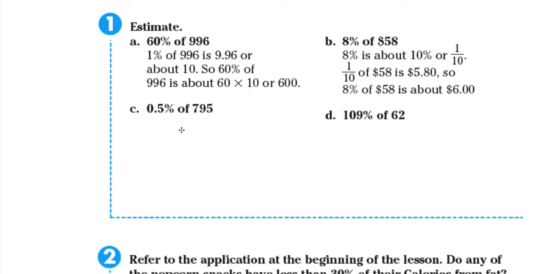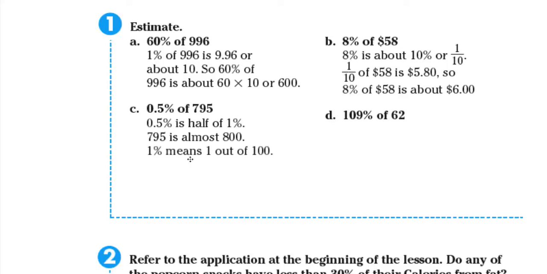0.5% of 795. 0.5% is half of 1%, so again we're still using the 1% method. 795 is almost 800, so we use 800 now. And 1% means 1 out of 100.